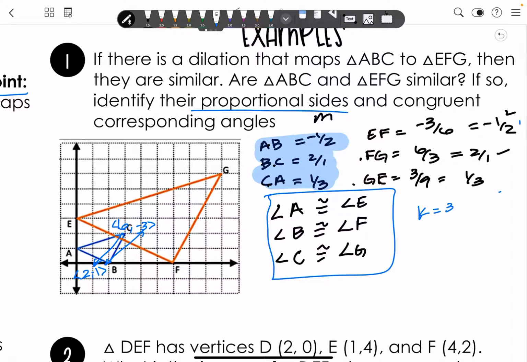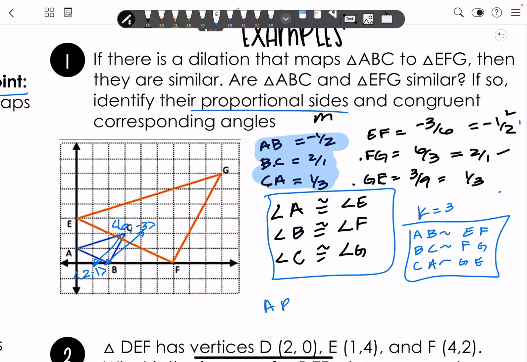And we can write our similarity statements of AB, BC, and CA being similar to EF, FG, GE. And if you'd like, you can also write out your extended proportion right here.